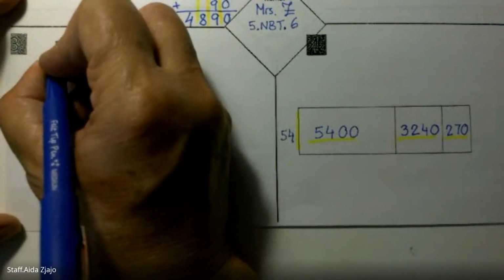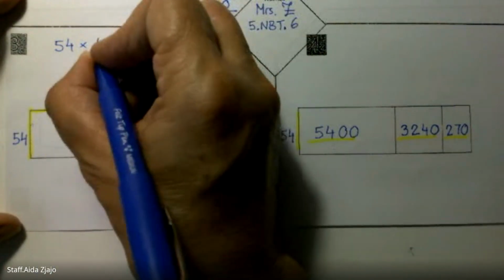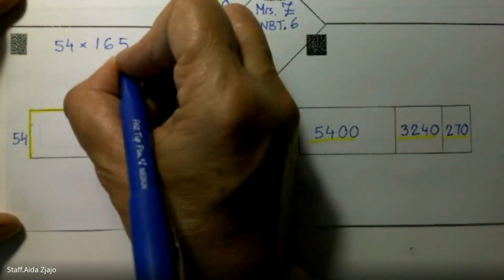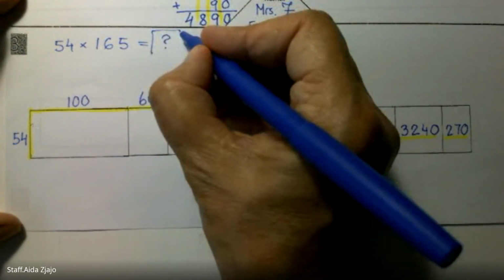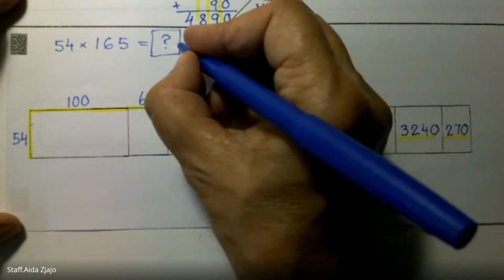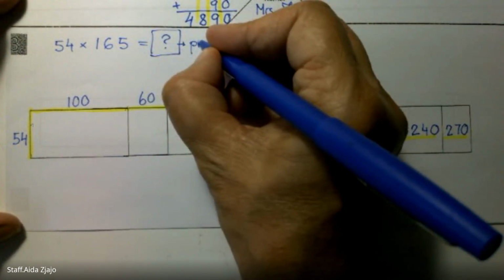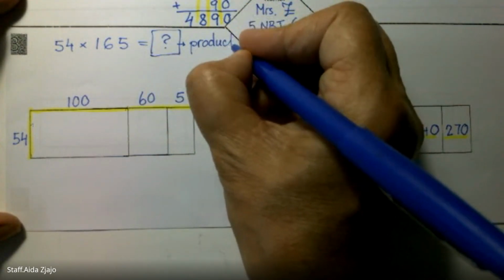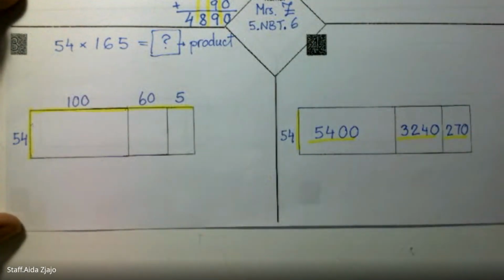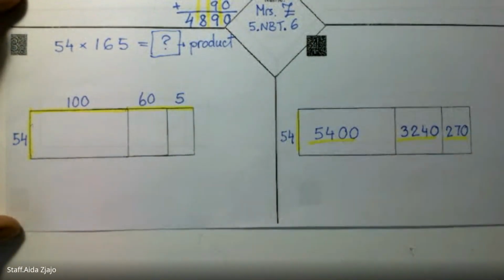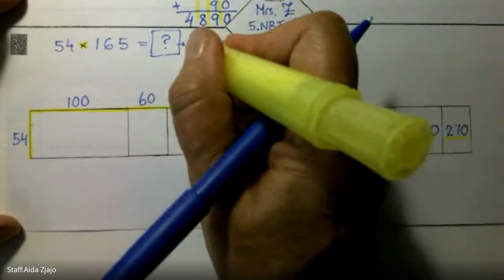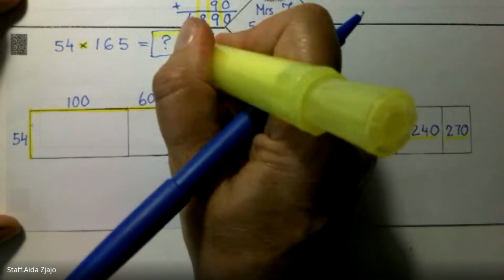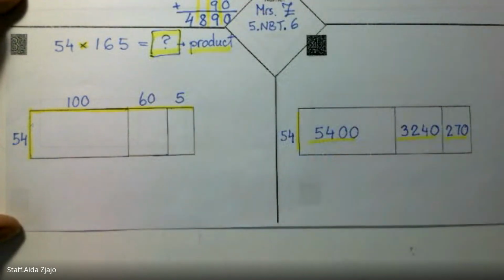We can say 54 times 165 equals question mark, and the question mark is a product. This vocabulary word is important: the solution for multiplication is called the product.